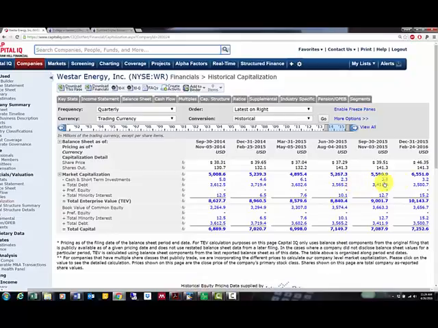So that's what we're looking at. I'm going to go out here to the most recent time period, and their capital structure looked like this. The market cap of equity is equal to 6.551 billion, and the amount of debt that they have is 3.5807 billion.